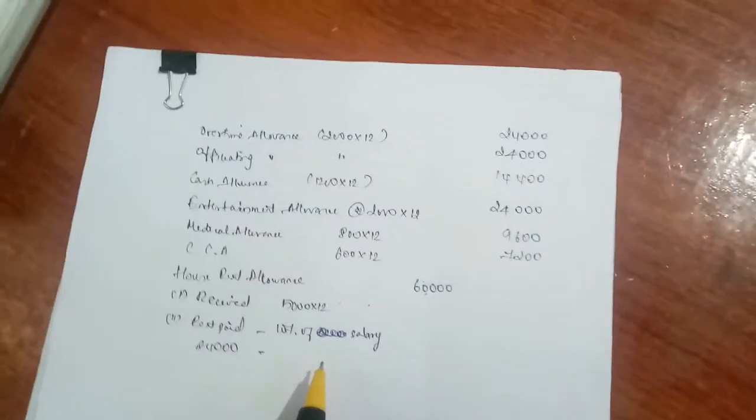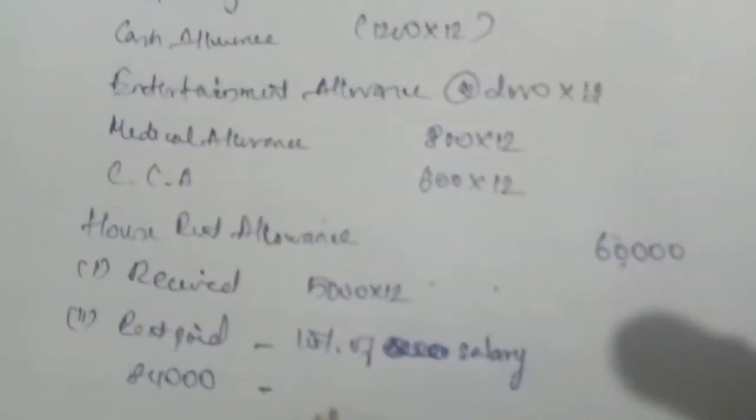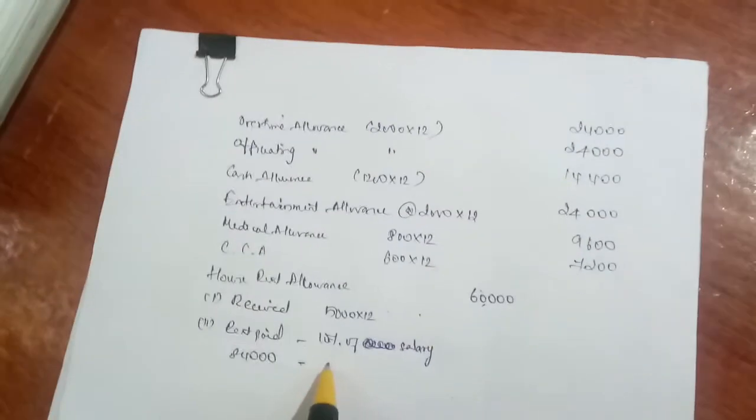minus 10% of salary. Here we are taking into account only the basic pay, because they didn't mention that DNS allowance is entering into the retirement benefits. So we are taking 10% of salary as 30,000.